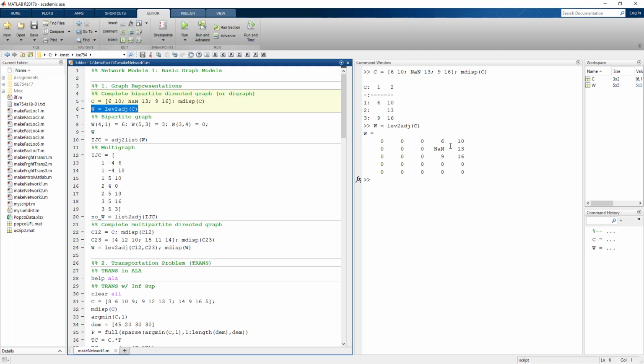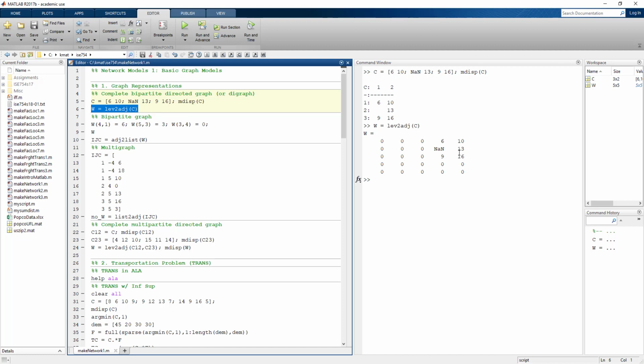With the functions in Matlab itself, if we're using Matlab functions that are not part of Matlog, the not a number won't be represented or interpreted as a 0. But if we use any of the graph or network functions in Matlog, then the not a number is interpreted as 0. Just keep in mind that that's a Matlog convention, not a more general MATLAB convention.